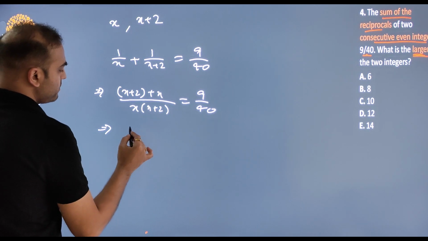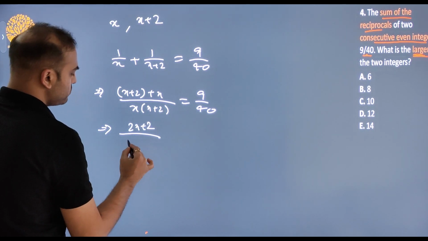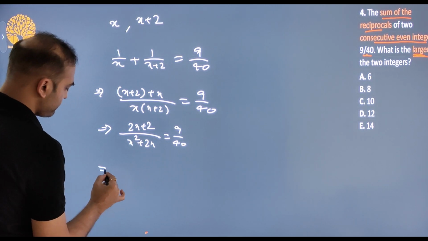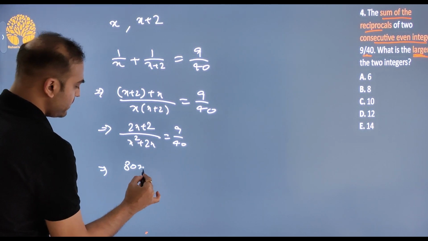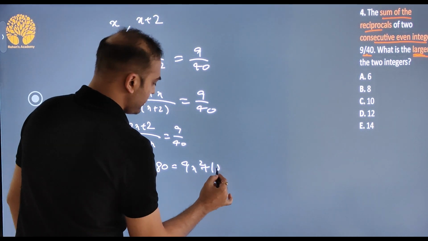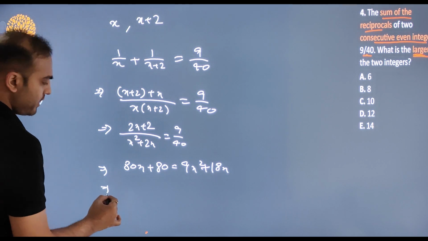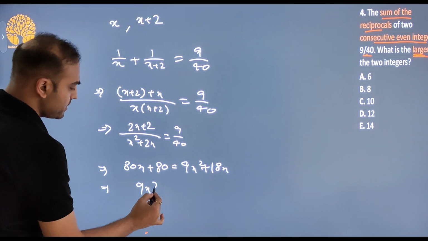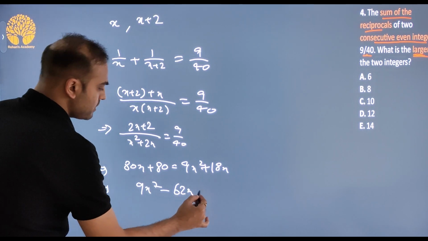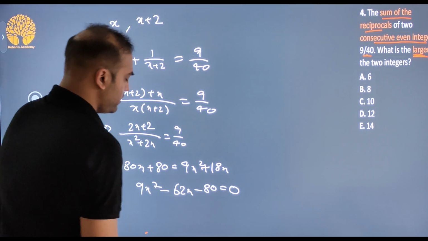If you do, that is 2x plus 2 over x square plus 2x is 9 over 40. That's 80x plus 80 is 9x square plus 18x. Right? Get everything on the same side. 9x square minus 62x minus 80 is 0.